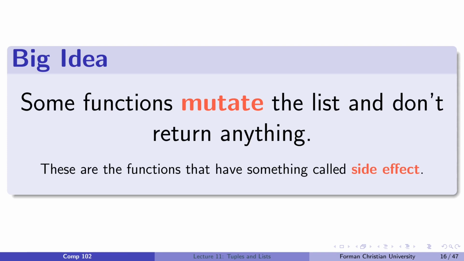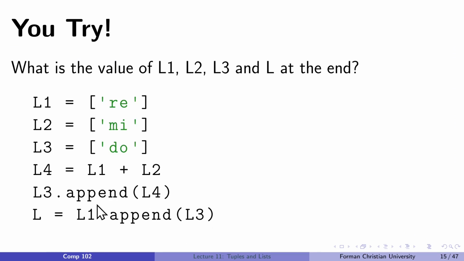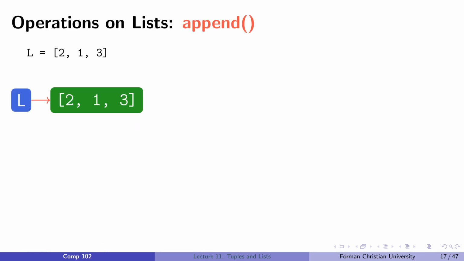So when you write L = L1.append(L4, L3), append does not return anything, but it is going to change L1. Let's look at append more carefully, starting with L equals a list of 3 items, 2, 1, and 3 in this order.